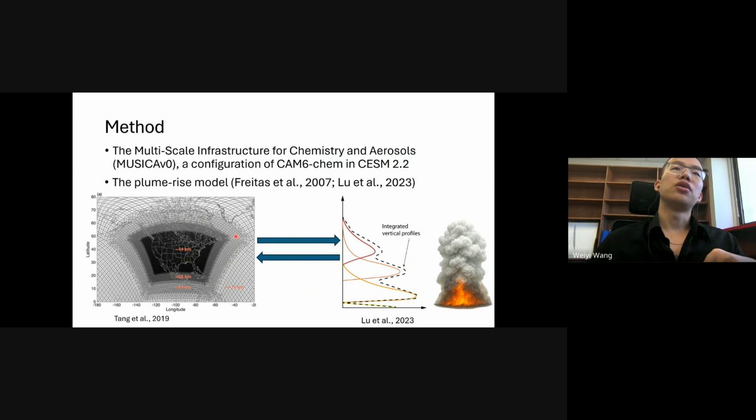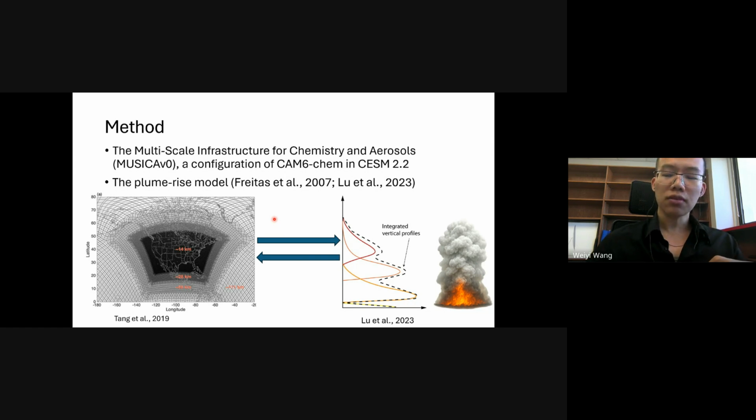The inputs for the plume rise model include the fire properties and environmental conditions. The important fire properties are fire size and fire heat flux, and the ambient thermodynamic conditions are obtained from the host model, MUSICA.